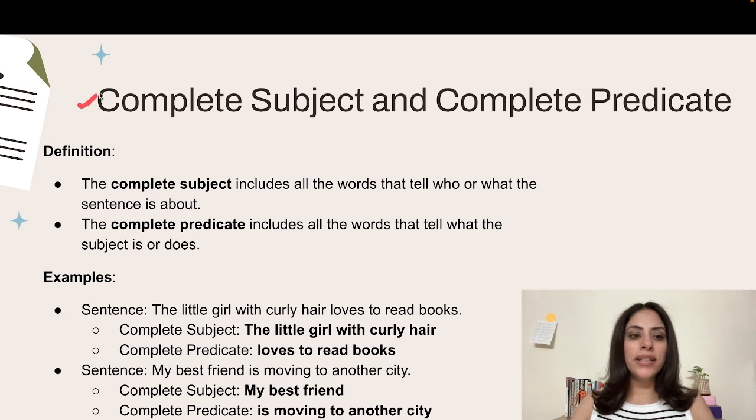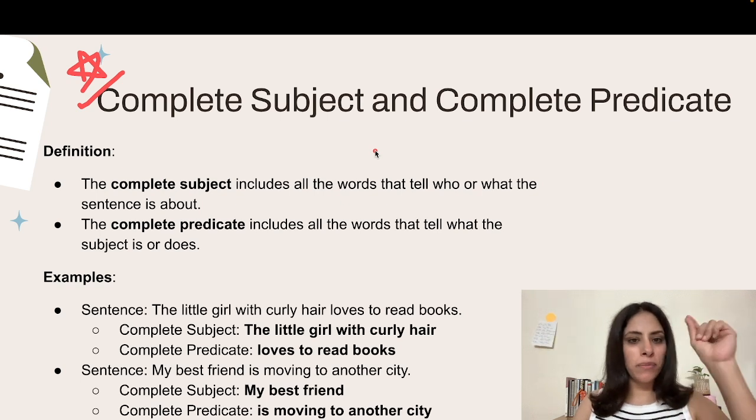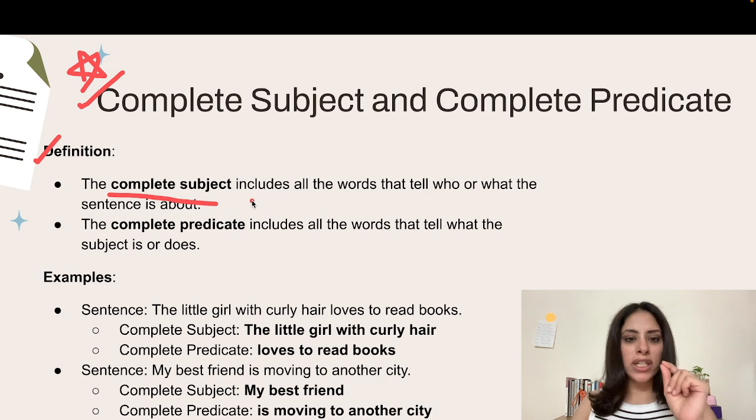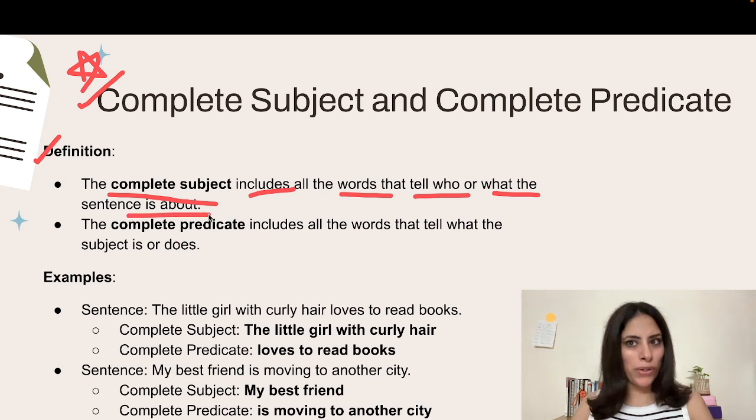Now, the third term, which is known as complete subject and complete predicate. Now, this is slightly different from compound subject and compound predicate. I will explain how. The basic definition is that the complete subject includes all the words that tell who or what the sentence is about. Alright.